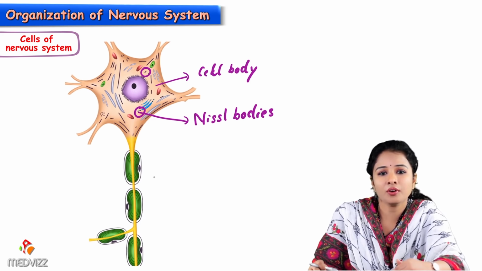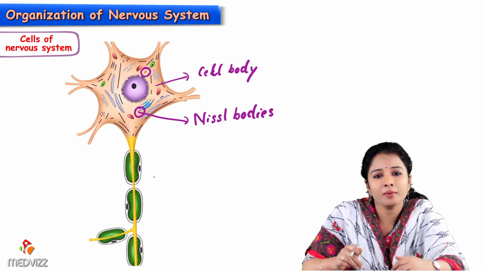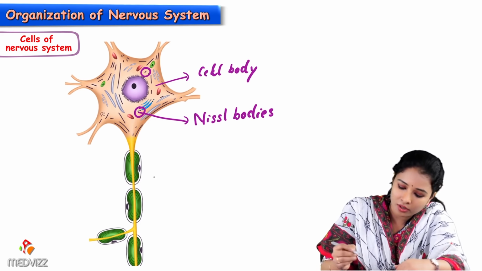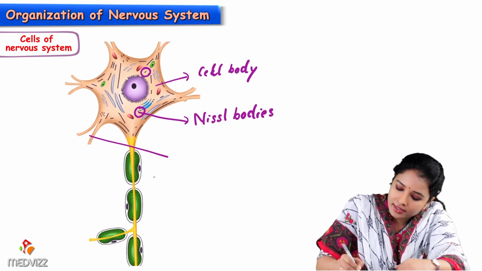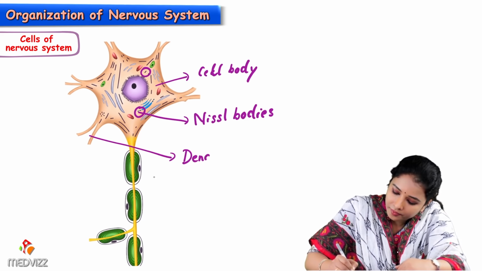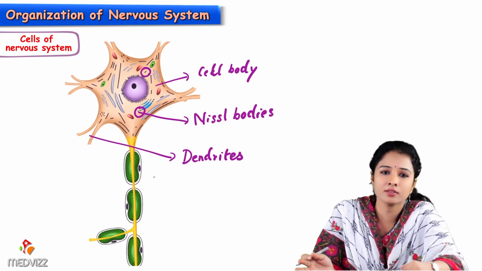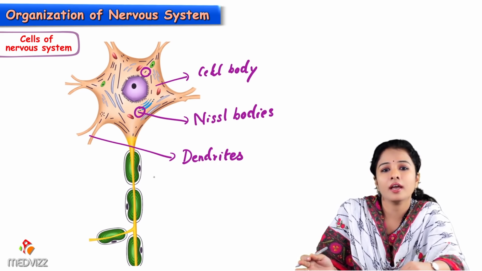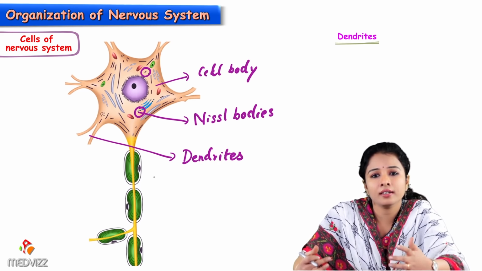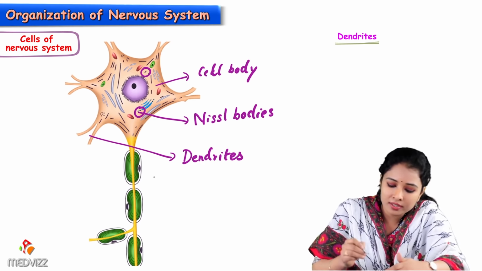A typical neuron has a variable number of short branching processes which are called dendrites. As they divide, the thickness of the dendrites reduces, and the dendrites carry the impulses towards the cell body.